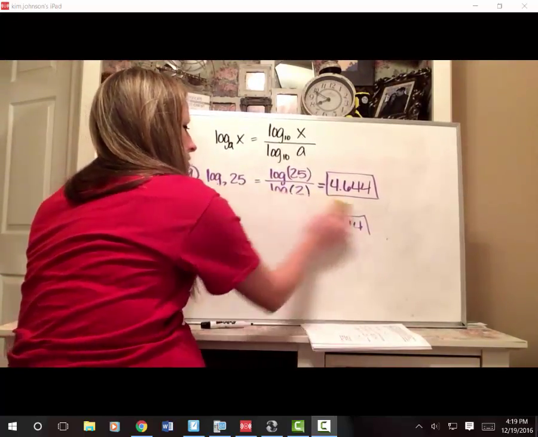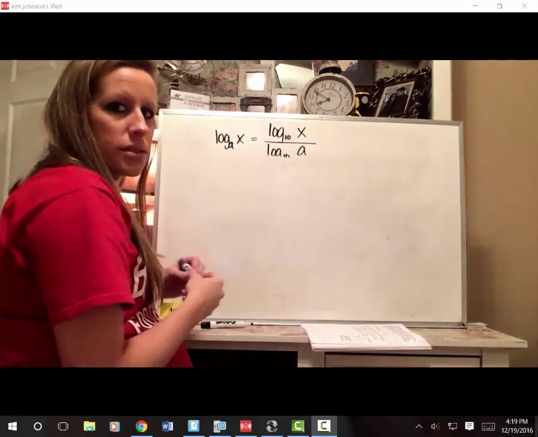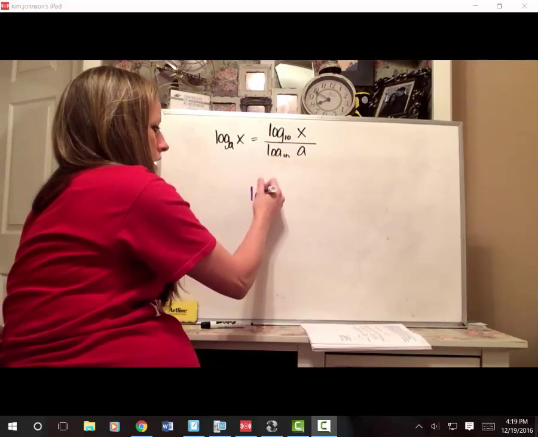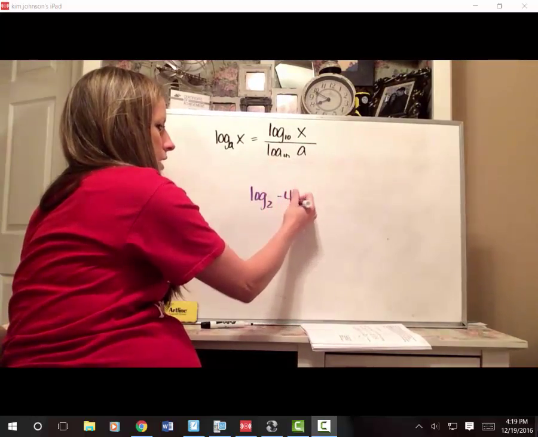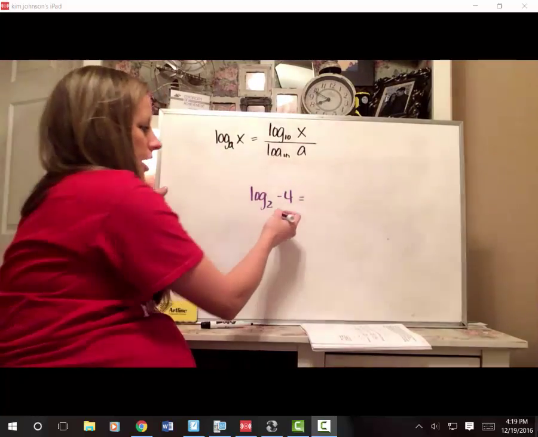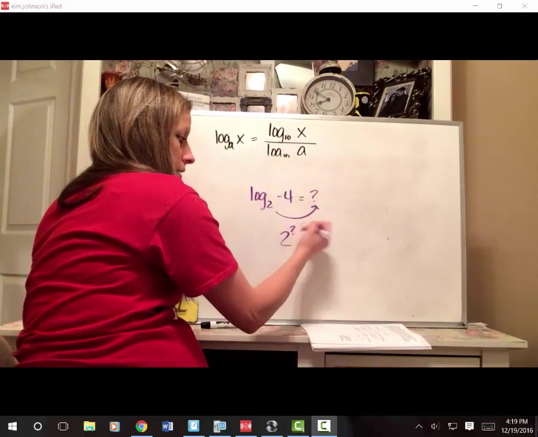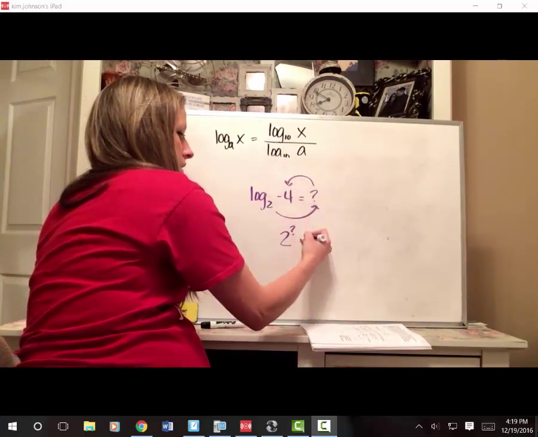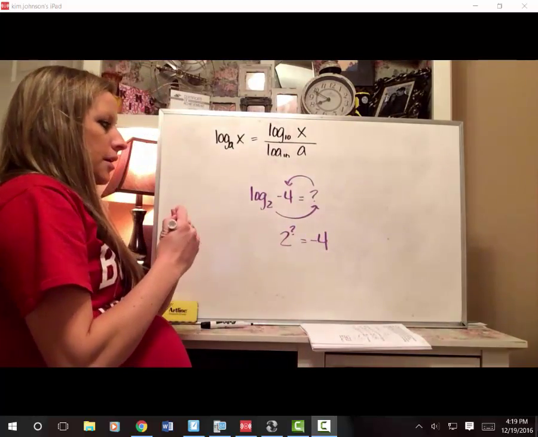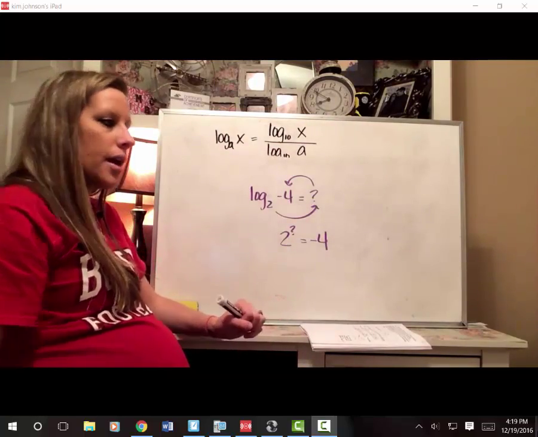Let's change it to exponential. To me, that's a little bit easier to understand than logs. So we have log base 2 of negative 4. If we want to change this to exponential form like we did yesterday, it would be 2 to the, I don't know what, x equals negative 4. Okay. So think about your exponential function.